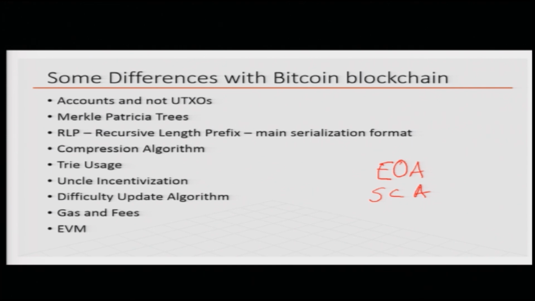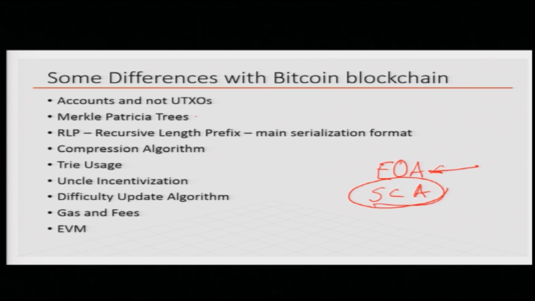When you send money to a real person with an externally owned account, that balance will go up. If the person spends money from the balance, the balance will go down. Similarly, smart contract accounts can also keep Ether as balance and can send Ether to externally owned accounts or to other smart contracts for getting things done. So there is the notion of accounts and not UTXOs.